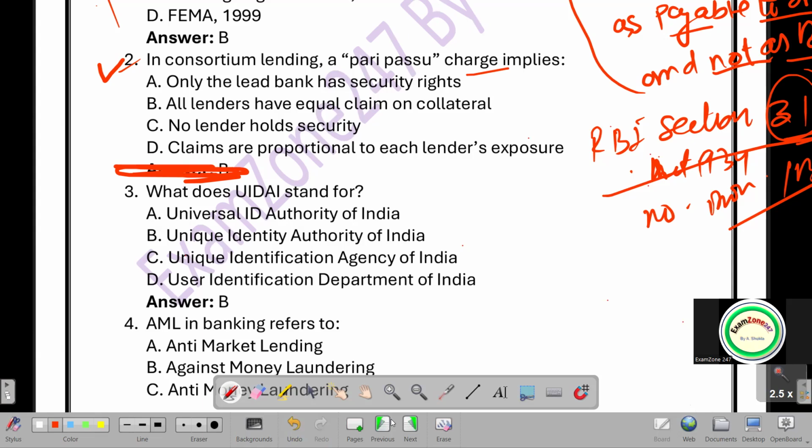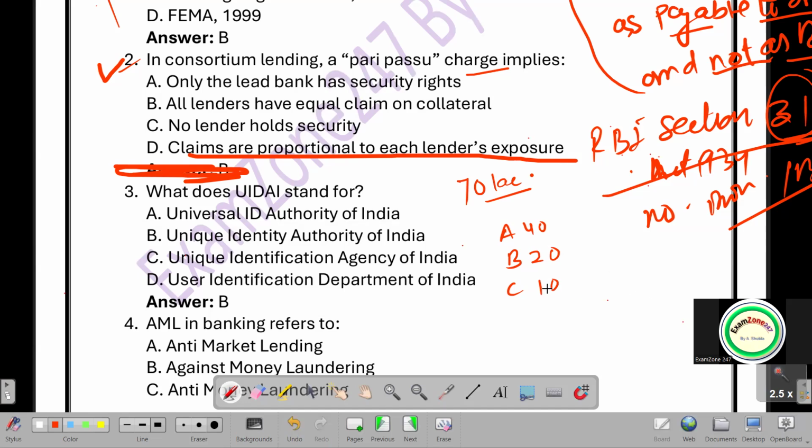The claims are proportional to each other's exposure. Suppose there are three banks, A, B, C, and they have given loans of 70 lakhs. Bank A has given 40 lakhs, B has given 20 lakhs, and C has given 10 lakhs on loan.